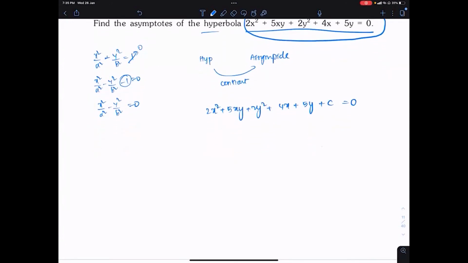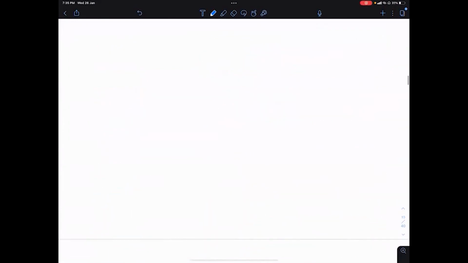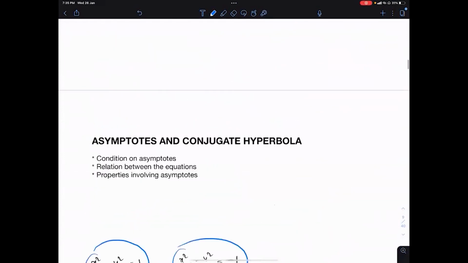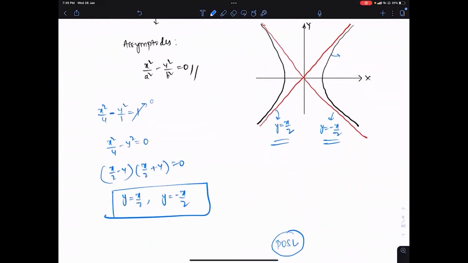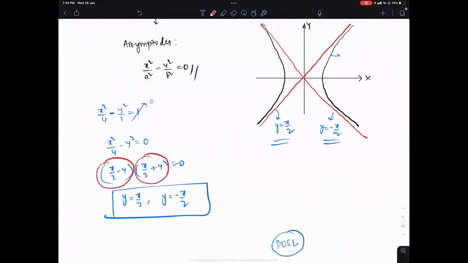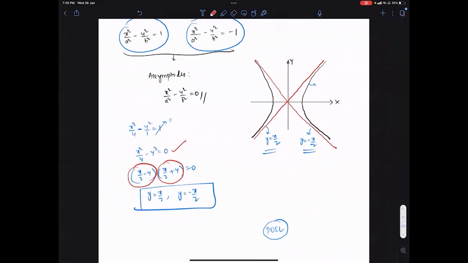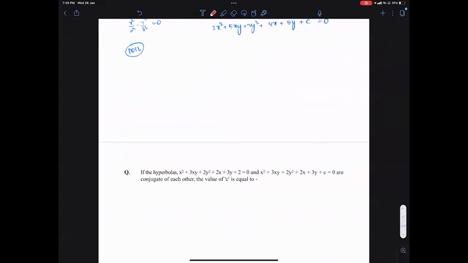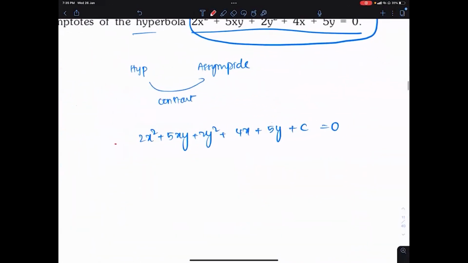Now what are asymptotes? Asymptotes are nothing but a pair of straight lines. Here you see, by putting 0, what are we getting? We are getting a pair of lines only. Here, one line, second line. So asymptotes are nothing but a pair of straight lines. That means this should be a pair of straight lines equation.